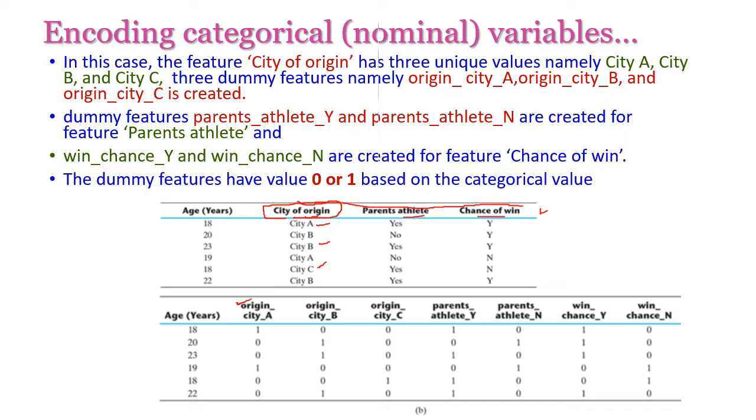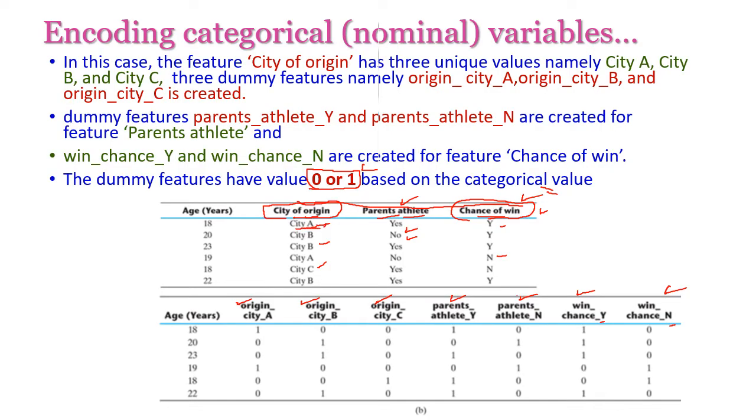The first is origin city A, then origin city B, origin city C. Similarly, based on parent athlete, two classes are there, yes and no, so accordingly we have created two new features: parent athlete yes and parent athlete no. And chance of win is also categorical, yes and no. Accordingly we have created two new features, chance of win yes and chance of win no. The values of those features may be either 0 or 1, based on the categorical value.